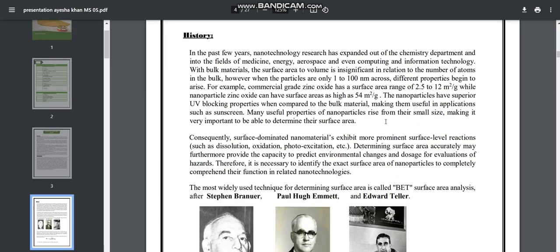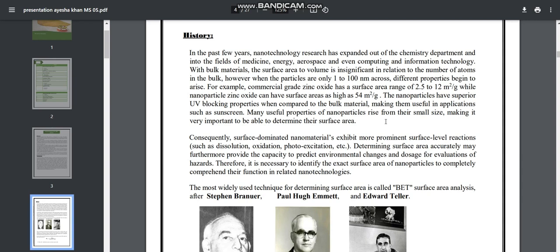Next we will discuss the history of BET. In recent years, nanotechnology research has extended beyond chemistry into diverse fields like medicine, energy, aerospace, and information technology. Unlike bulk materials, where the surface area is less significant compared to the volume, nanoparticles of size 1 to 100 nanometers exhibit unique properties.